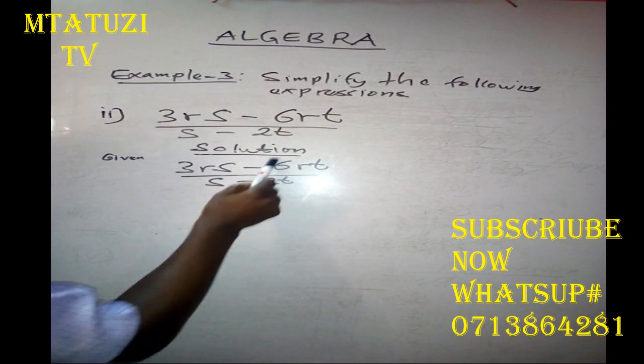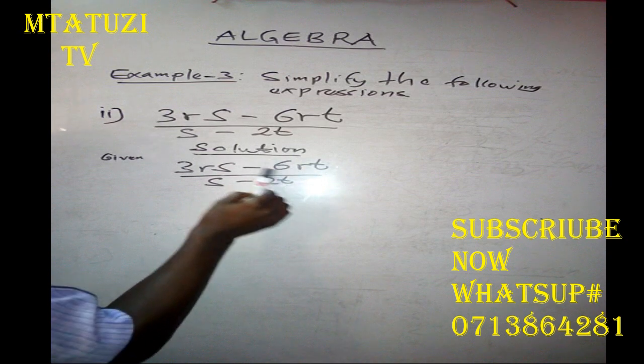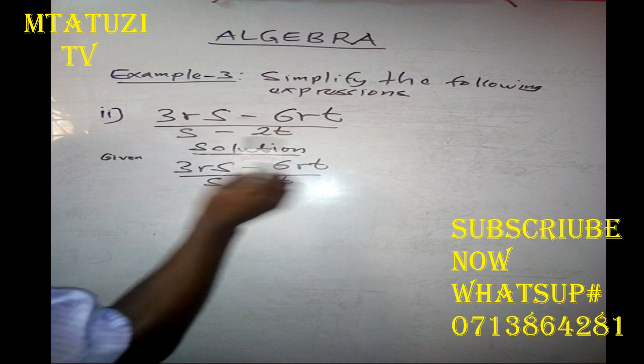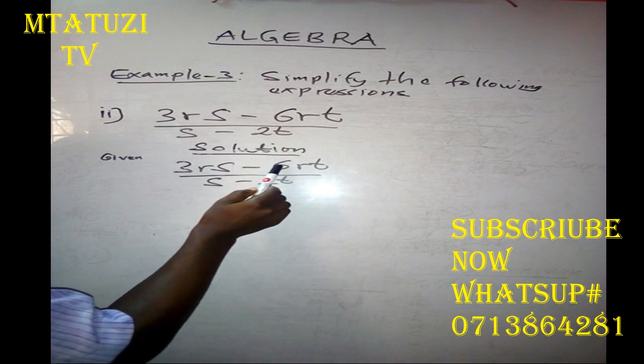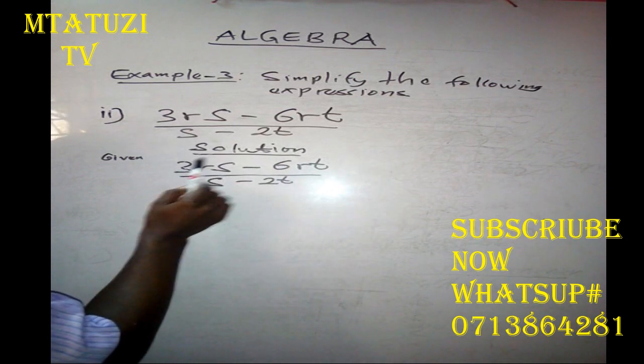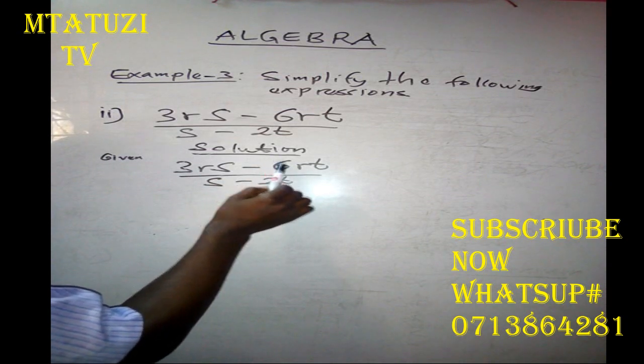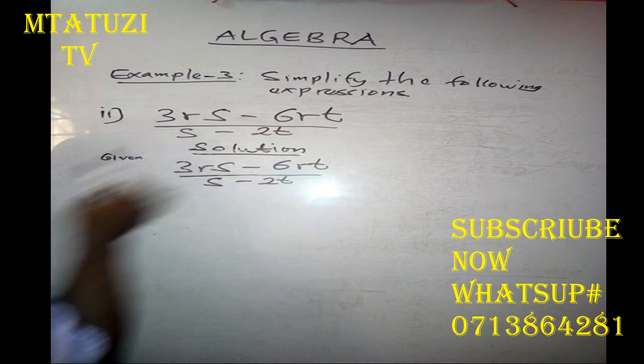6 is a multiple of two numbers, that is 3 and 2. Because here there is a 3, we can use 6, which is the same as 3 times 2. So in 6 there is a 3.